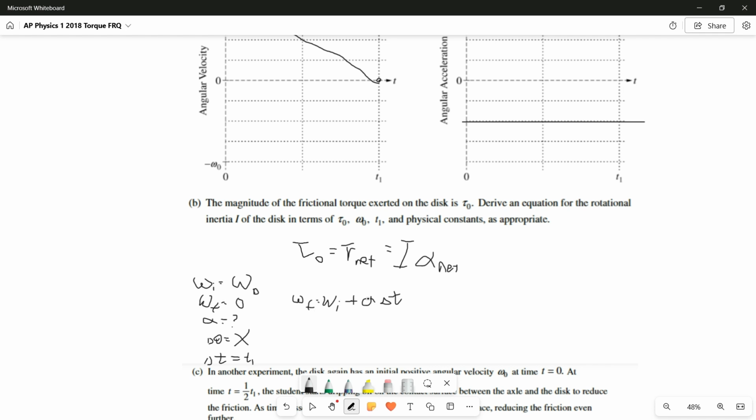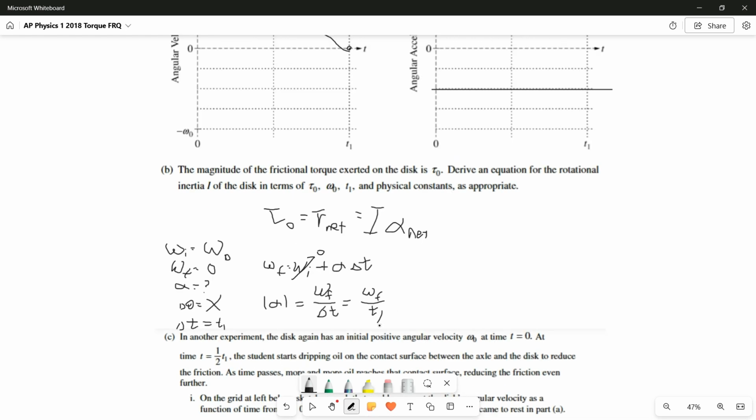All we really need to do is find the absolute value of the angular acceleration. And we know that omega f is 0. So that simply means it's just omega i divided by our delta t, and that is simply omega naught over t1. Okay, well that was relatively simple, and hopefully this answer makes sense.